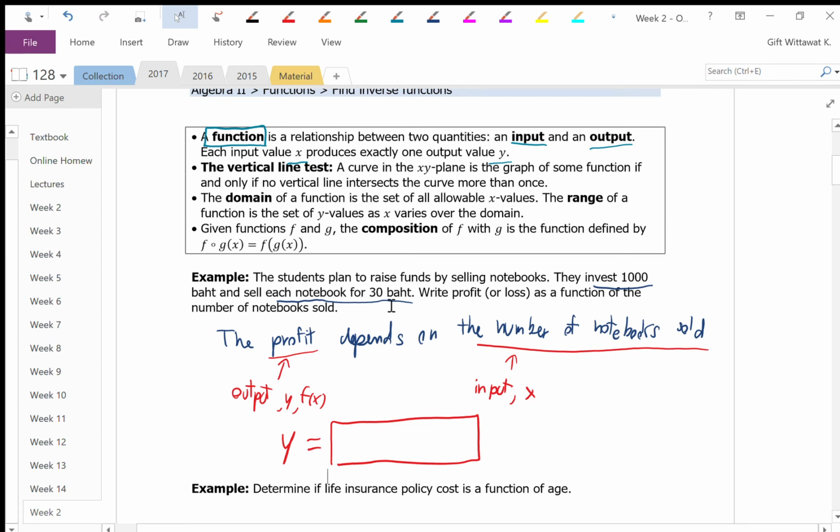So that means for the profit, I'm going to start off with negative 1,000. If I don't sell any notebooks, that's how much loss I'm going to have. Now for each notebook that I sell, I'm going to make 300 baht. So this is the equation of my function.